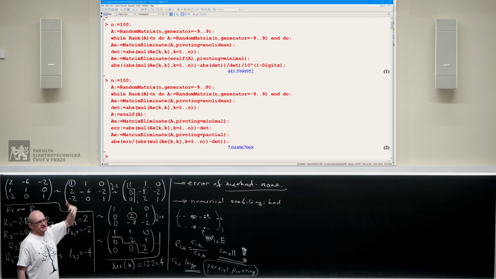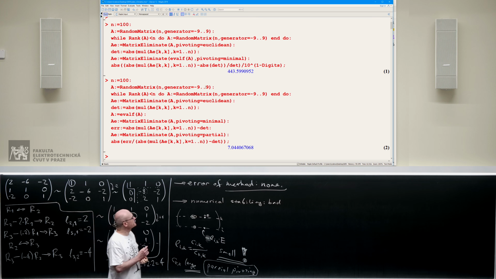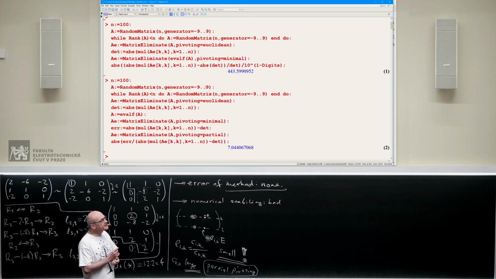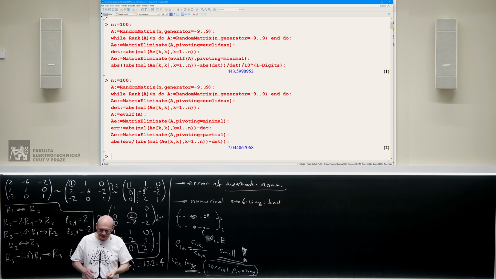But compared to previous runs, okay, it's not really so nice. But this could be caused, and typically this is caused by the fact that the random matrix which we generated is actually very nice. So even elimination without pivoting does not make such a huge error. And then, of course, there is no room for improvement.